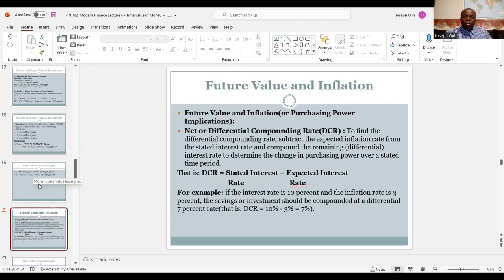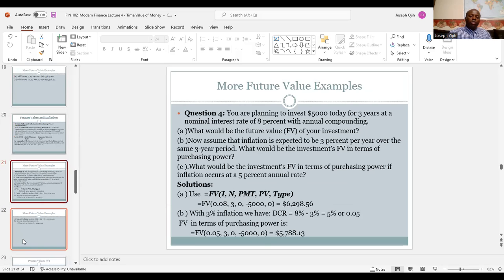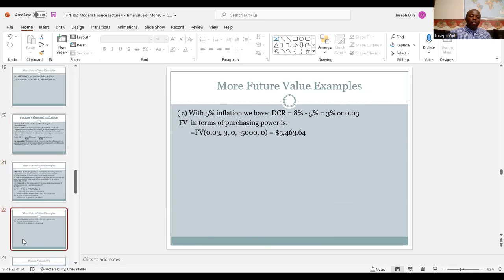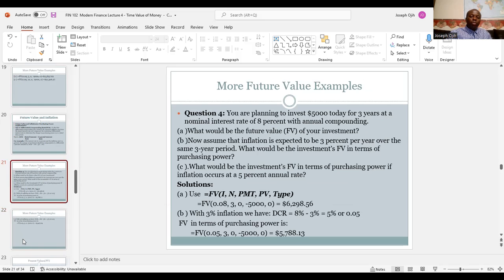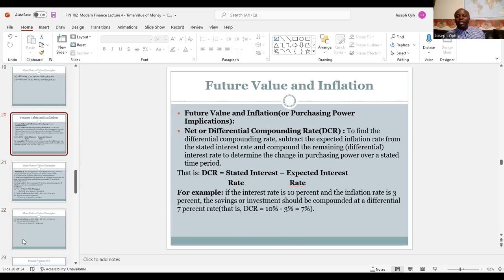In our next lecture, we'll be looking at future value and inflation, how to deal with inflation when doing calculations that involve future values. Inflation is one of the bad things that affect investment, one of the dangers investors face, especially in the stock market, with things like bonds and stocks.